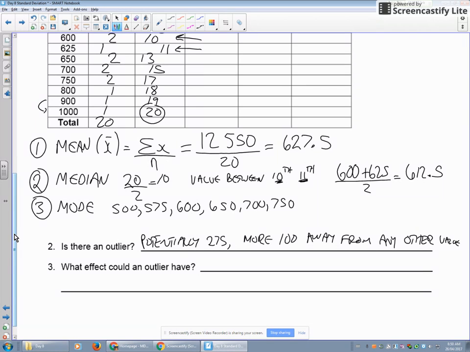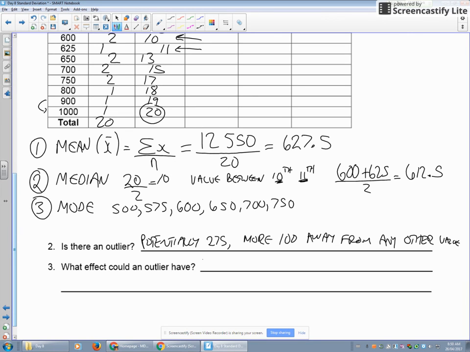And what effect could an outlier have? We saw that yesterday. Typically in this case it has no effect on the mode. Very little effect on the median. Sometimes a small effect.